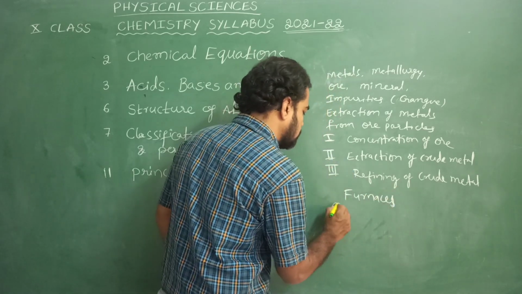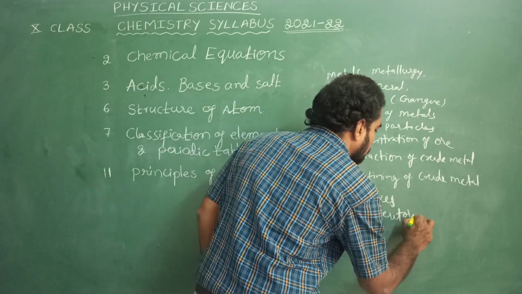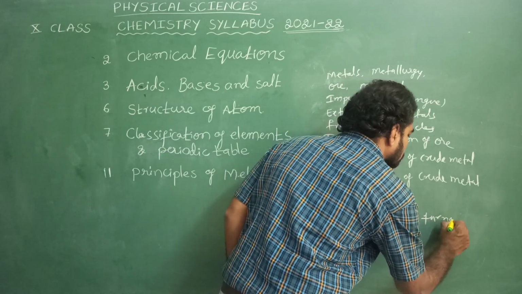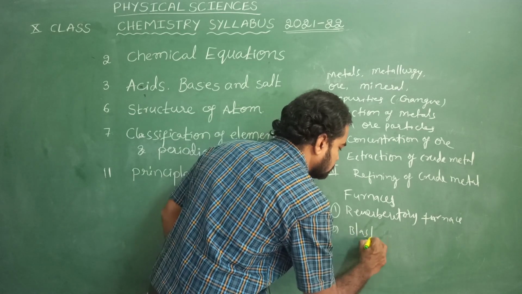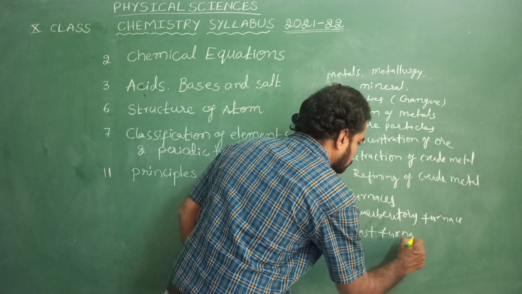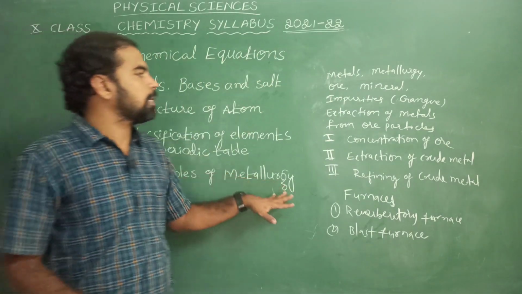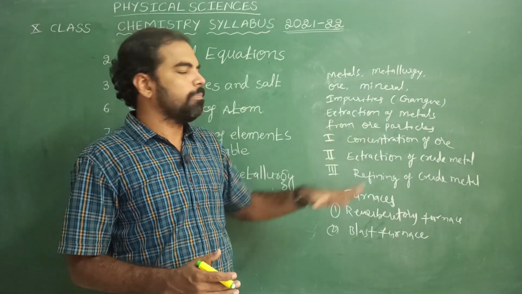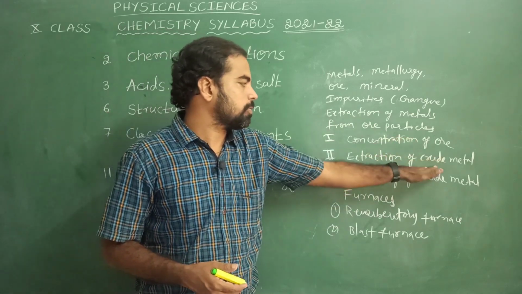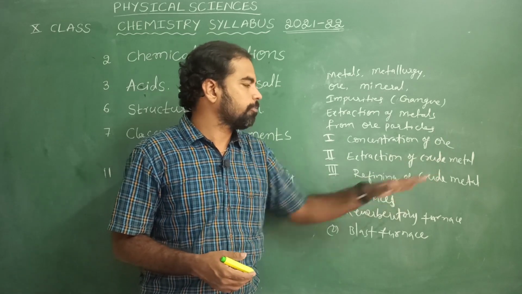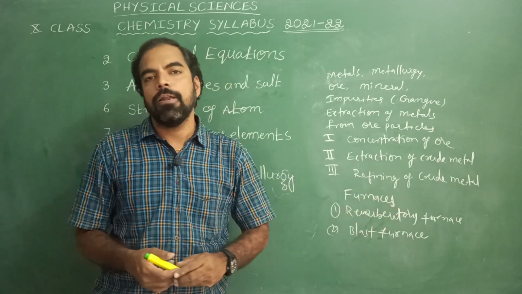In furnaces, one is the reverberatory furnace, another one is the blast furnace. So these are the subtopics in principles of metallurgy. Mainly the extraction of metals from their ore particles. We follow the different steps: the concentration of ore, extraction of crude metal, and the third one is refining of crude metal. And after that, furnaces: reverberatory furnace and blast furnace.